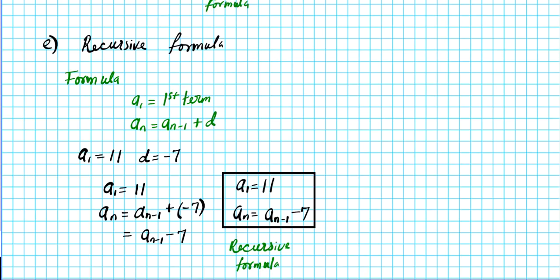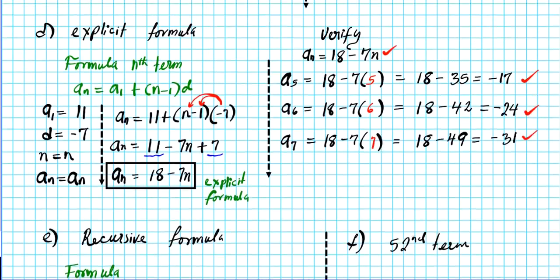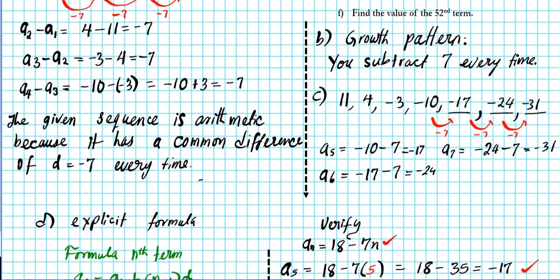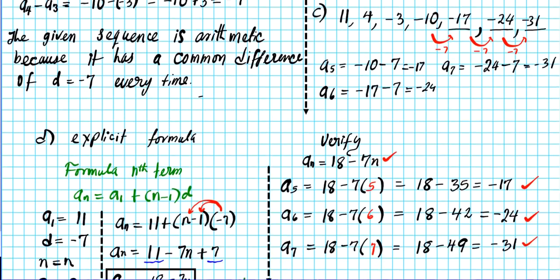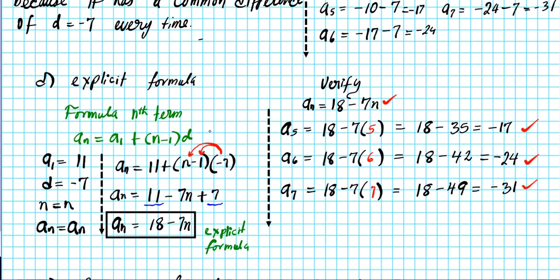Alright, so that's that. Now the last part, part F, we are to figure out what the 52nd term is. Okay, so there are two options here. We can use the formula for the nth term of an arithmetic sequence, or we can use the explicit formula, which is the nth term formula adapted to this particular scenario.